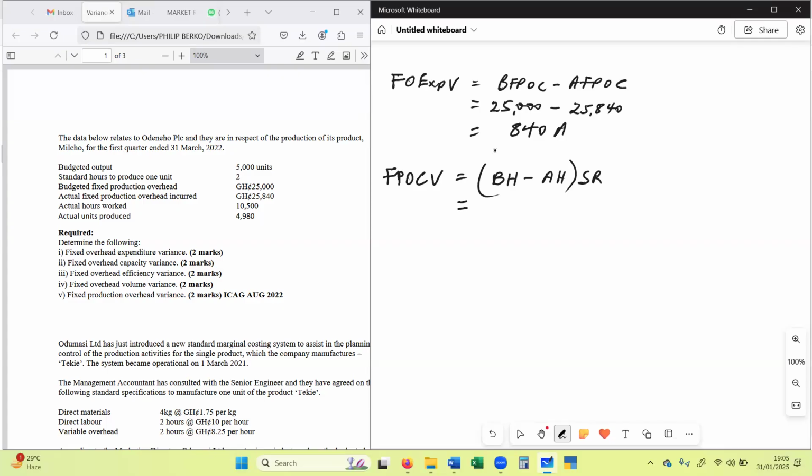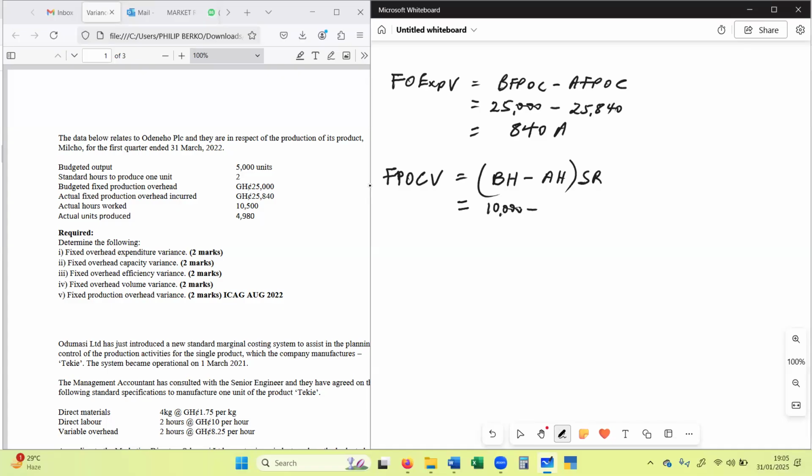So how do we get budgeted hours? We use the standard hours per unit to multiply the budgeted output. So 2 multiplied by 5,000 gives us 10,000.